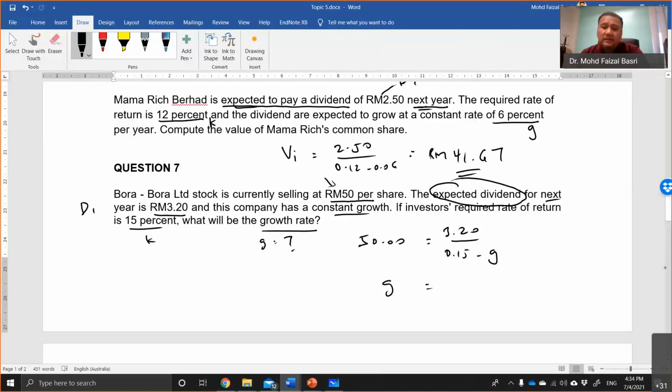Or times 100. Yeah, 8.6%. It must be percentage because it is a growth rate. If you refer to the previous question, they also used percent, grow at constant rate of 6%. So growth rate must be in percentage.